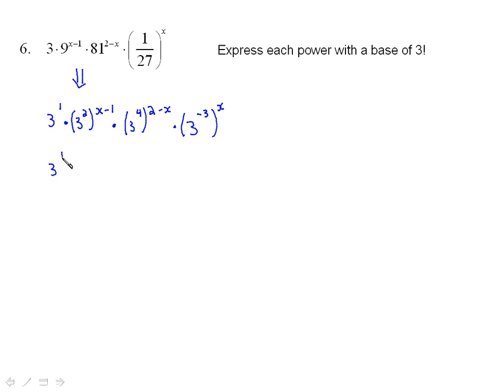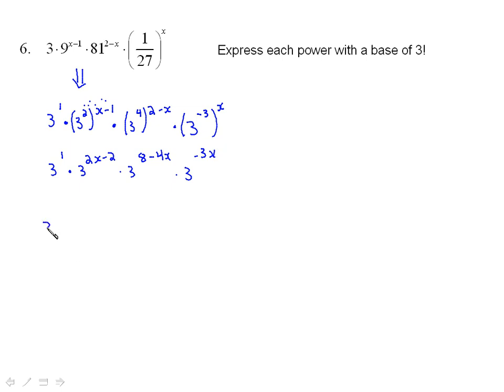But that was necessary. And now we can clean up those exponents a bit by using the power rule, multiplying the 2 into the x minus 1, because that is the rule with it. And so you get 3 to the 2x minus 2 times 3 to the 8 minus 4x times 3 to the negative 3x.